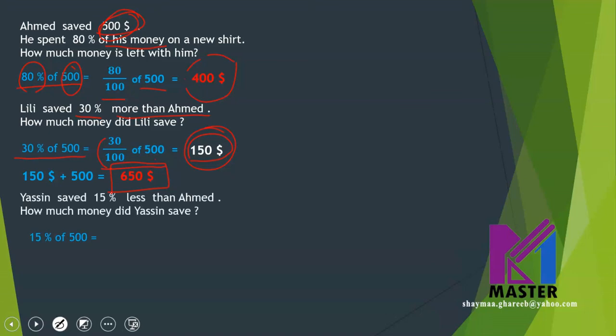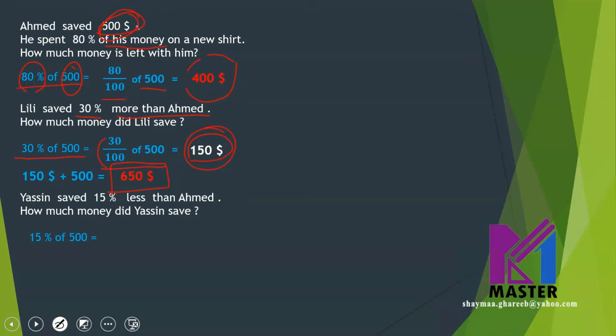Yasin saved 15% less than Ahmed. How much money did Yasin save? So first, I need to calculate 15% of the 500 that Ahmed saved. So 15%, do you remember how we calculate the 15%?